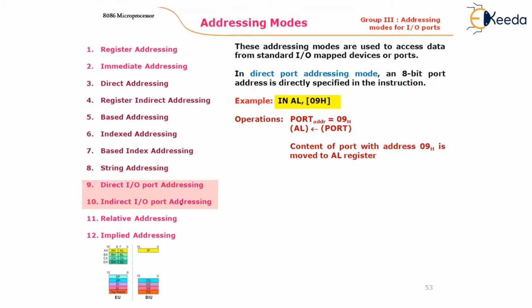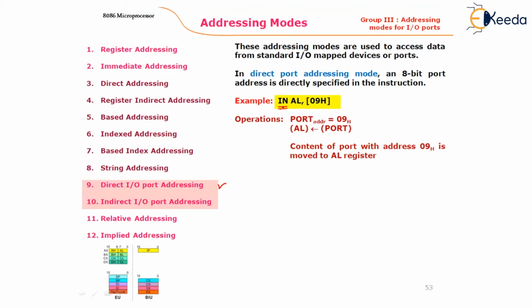Port addressing modes. What are the different port addressing modes? When you want to make a transfer from one of the IO devices to the CPU, we are going to use the port addressing mode. Here, IN AL, 09H. What is IN? IN is an input instruction.